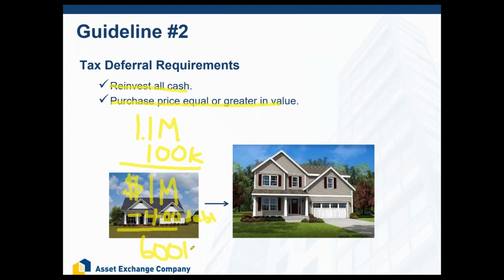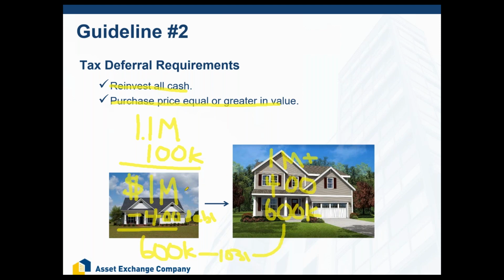That money comes into the 1031 exchange account, and then you use that $600,000 as a down payment to buy $1 million worth or more of real estate. Now, the way you're going to do that is you're still going to need to get another loan or contribute additional cash.